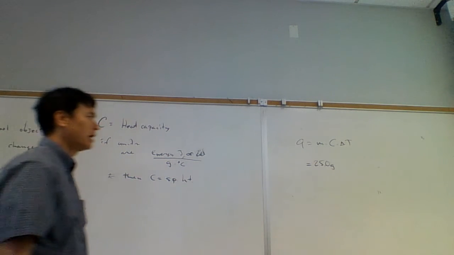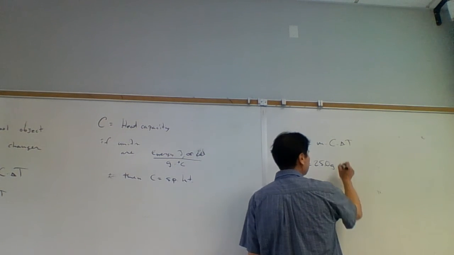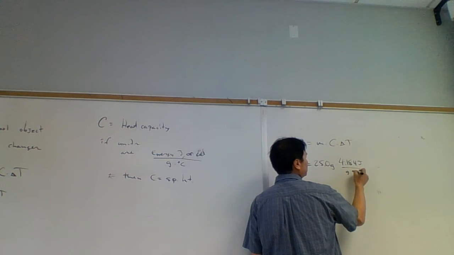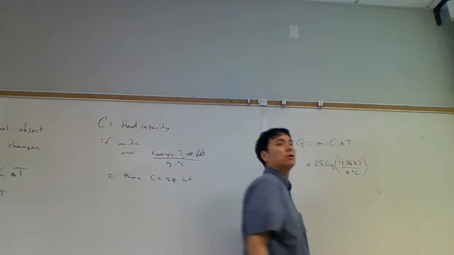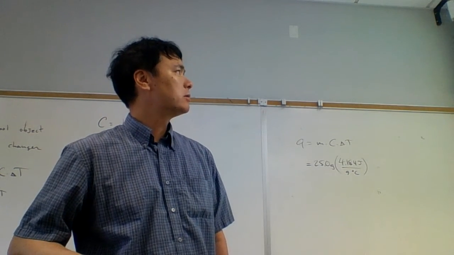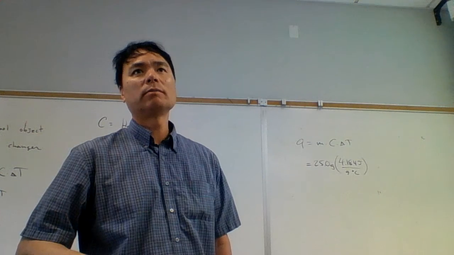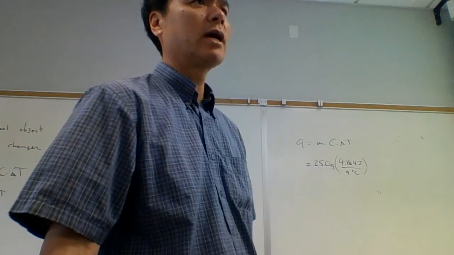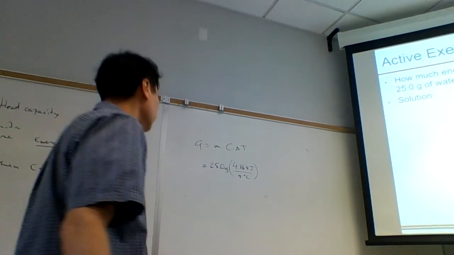And so a lot of people have the specific heat of water memorized because it's 4.184 joules per gram degree C, or 1 calorie per gram degree C. If we want the energy in calories, we would just use 1 calorie per gram degree C. But normally we don't work with calories. Normally we'll work with joules.